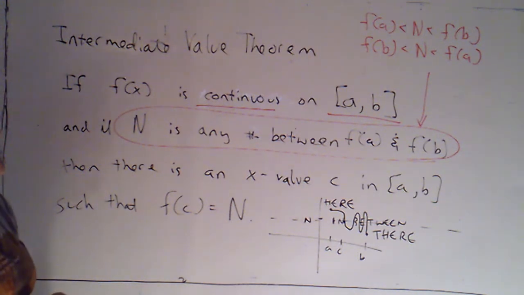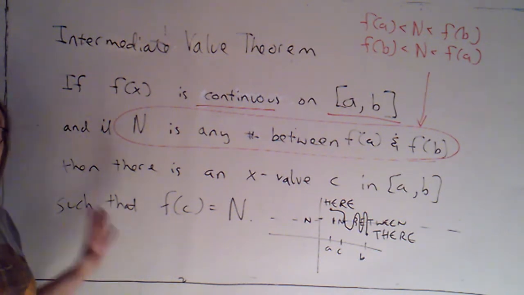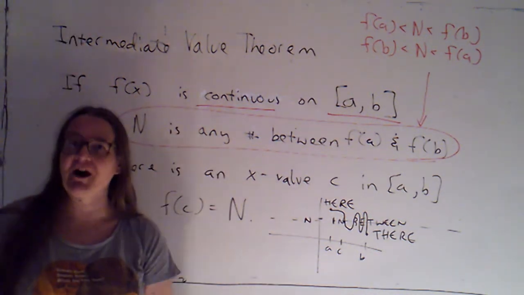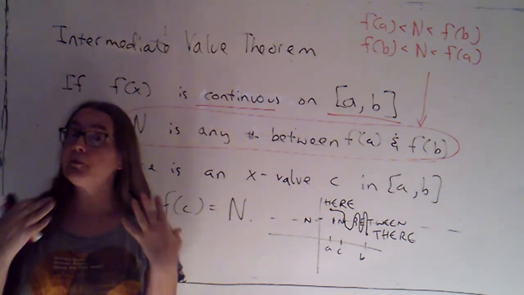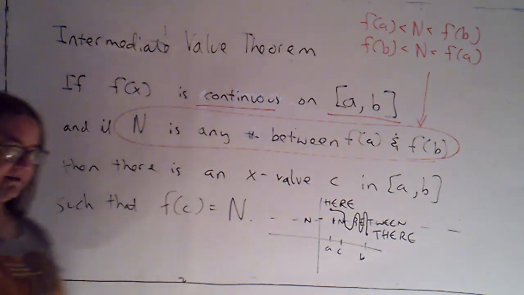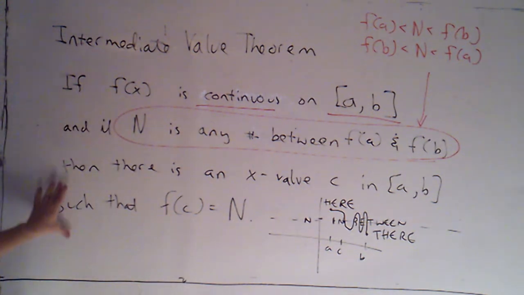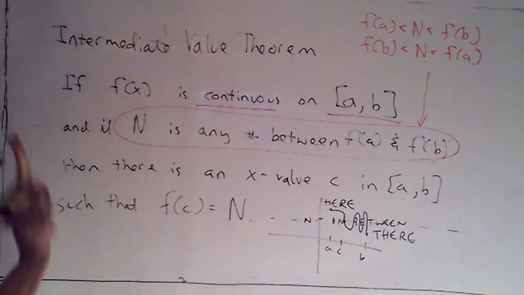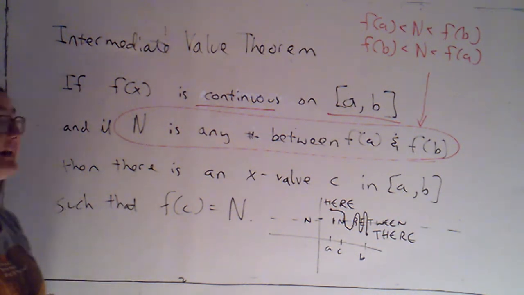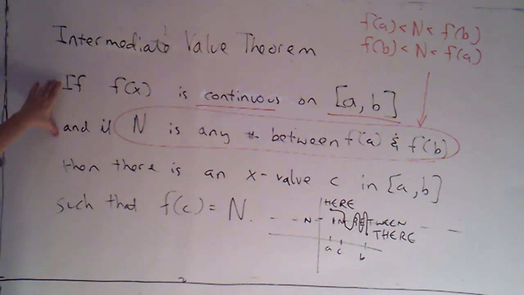Just want to point out, we know the intermediate value theorem is true. This is a gift to us from the mathematicians that have gone before. They have proved it. It's not our job to prove this. When we're proving an if-then, we suppose the if and show the then. When we're using an if-then, which is what we'll be doing here, we have to show that the if part is true.